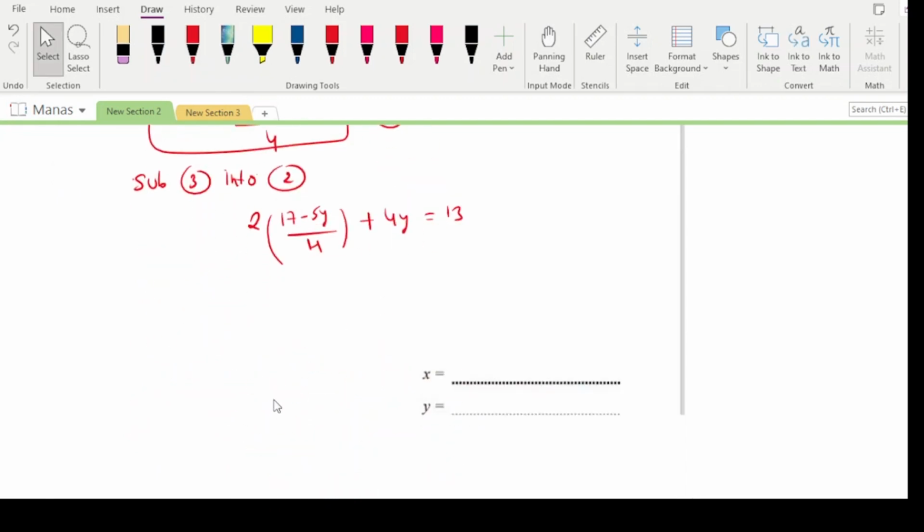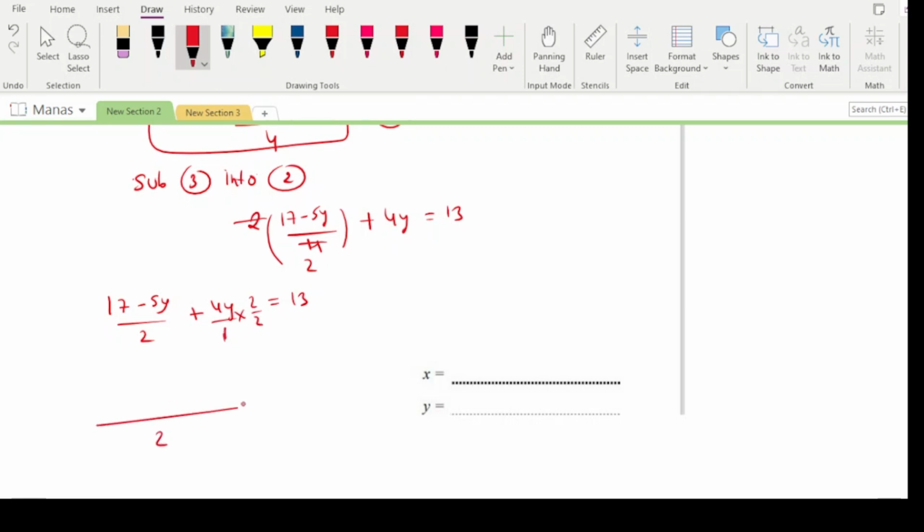Now I will cancel it out, so 2 and 2 are cancelled, and the whole equation will be (17 minus 5y) upon 2 plus 4y equals 13. The denominator of 4y is 1, so I will multiply and divide by 2 to make the denominator the same.